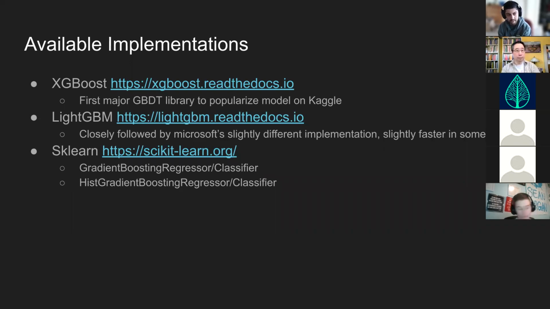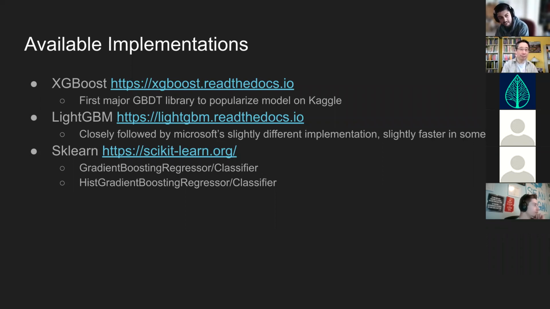Another one that is available is from sklearn. They have their gradient boosting regressor and classifier. My general opinion is just never use that one. It's not as good as the other stuff that's available. I don't think it handles missing values, and it's significantly slower than everything else.